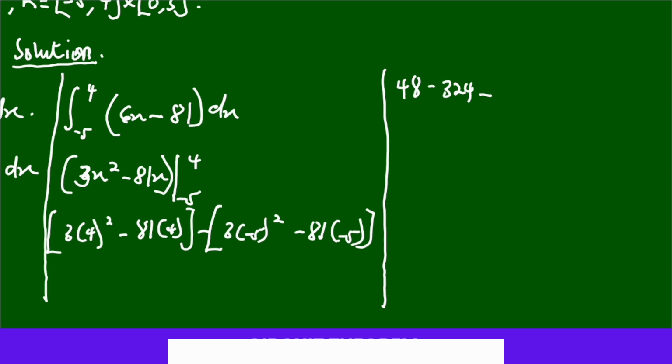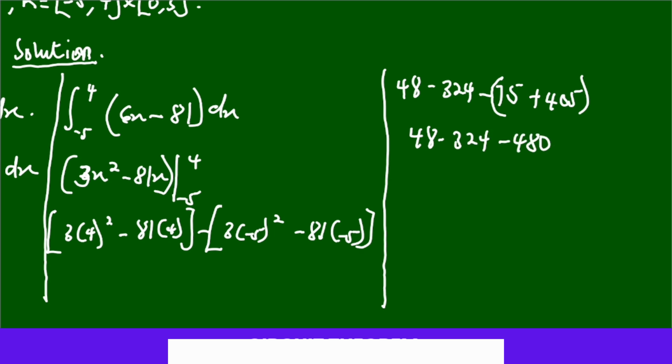But we are going to get 75 minus minus, so there's a minus going to distribute. Let me make it simpler and understandable. So 75 plus 81 by 5, that is 405. And our 405 plus 75 ends up giving us 480. So 48 minus 324 minus our 480.